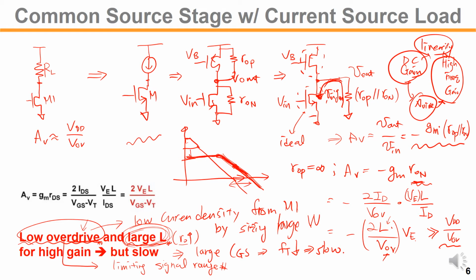In terms of noise, you want to maximize the GM, but if you achieve a high GM by smaller overdrive, then you are limiting your linear range. So all these things are coupled, and you have to understand the impact of your design choice. Okay.